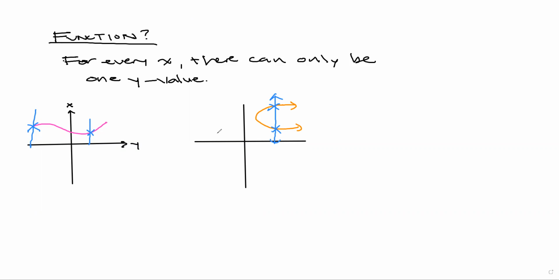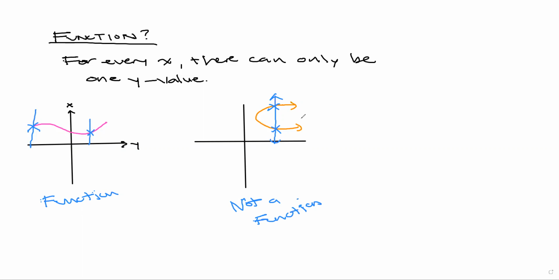So since it crosses it twice, this is not a function, all right? So again, this is a function, and this is not a function. Okay.